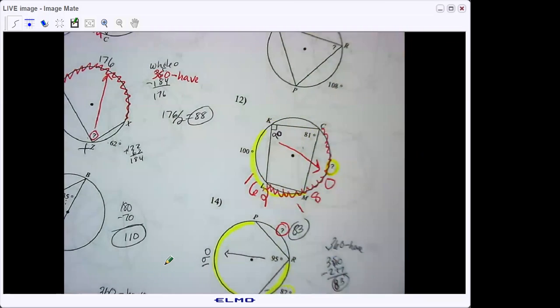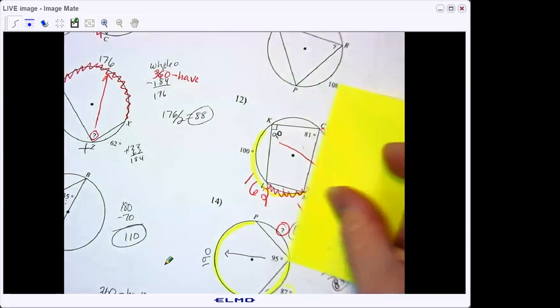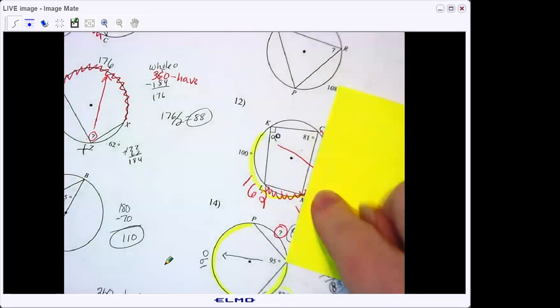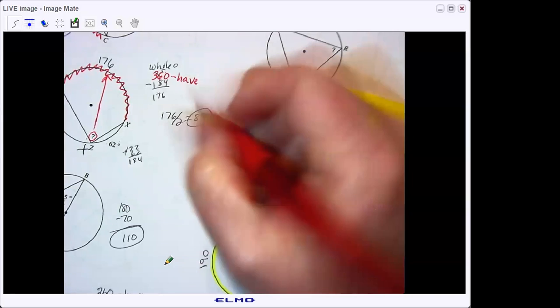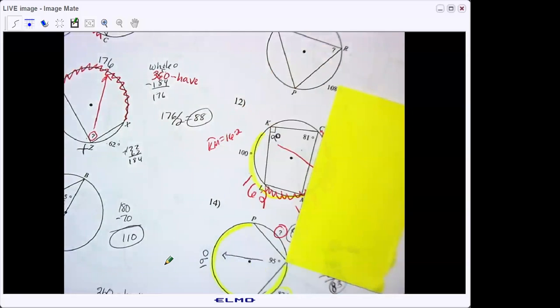This is where it got a little complicated. So if this is 162, what does that make arc LM? If KM is 162, arc KM is 162. Let's do it this way. So KM equals 162.